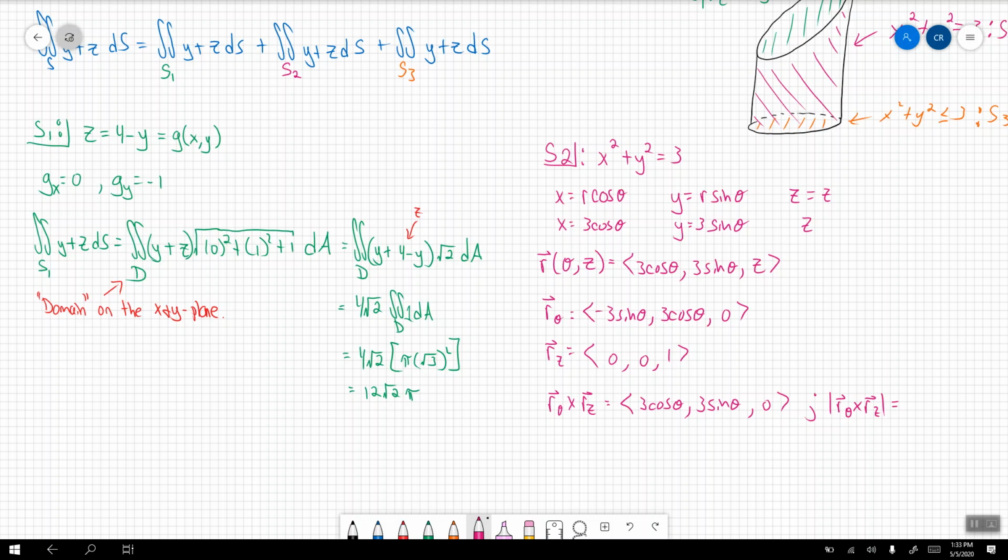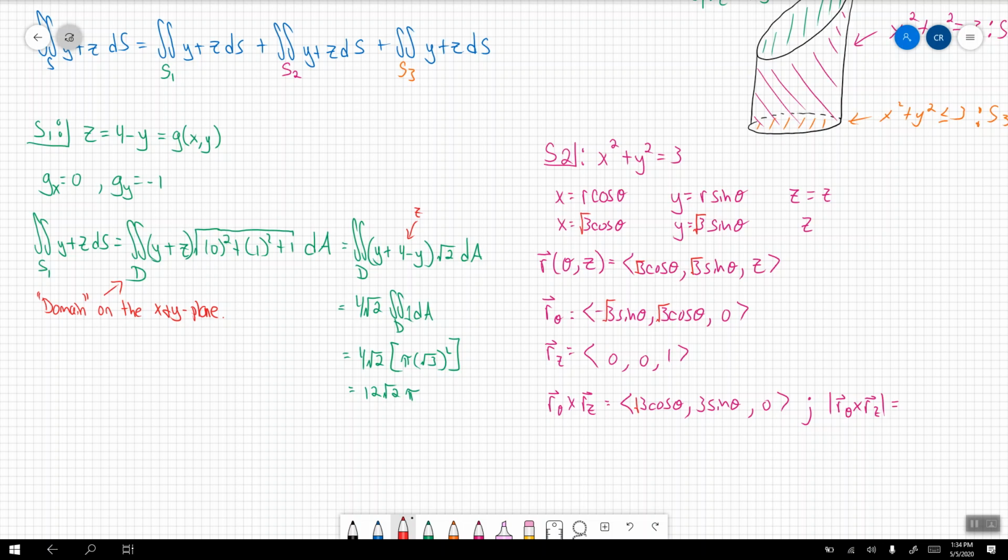Oops. My apologies. I just realized I made a mistake. My sincerest apologies, everybody. The radius is actually root 3. Derivative there, negative root 3, negative root 3.